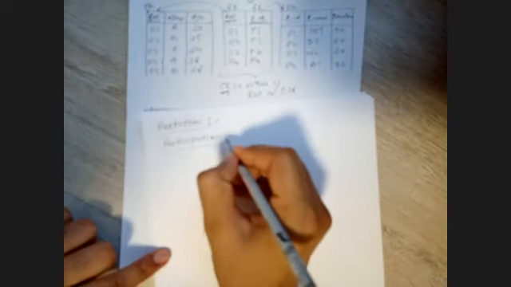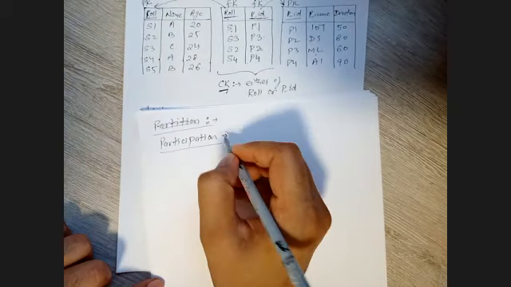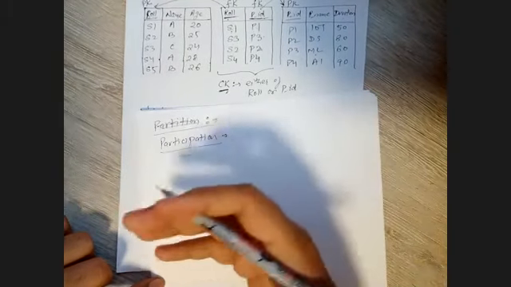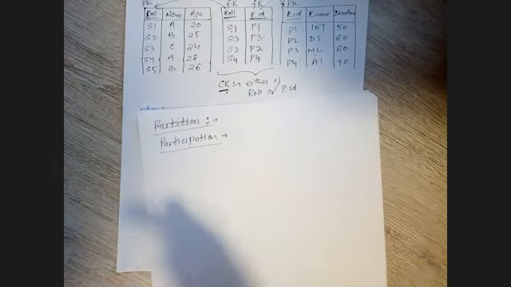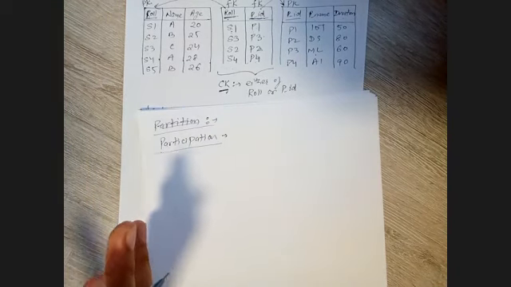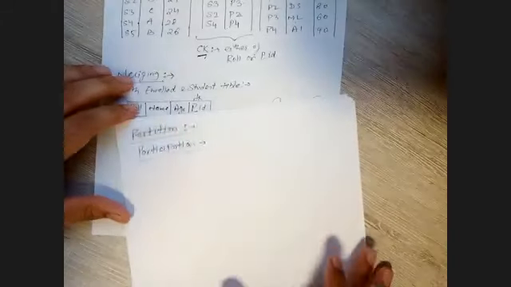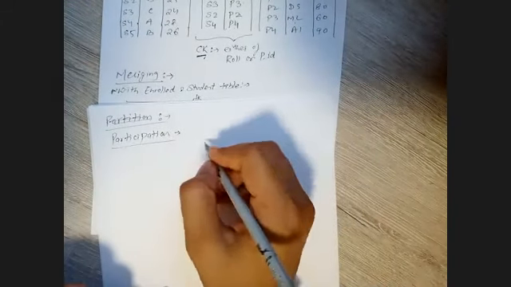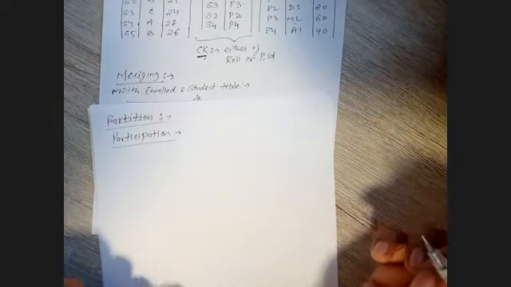Basically, in database we have several participation constraints. Before that, let's try to understand: so far we have seen the types of relation, that is one to one, one to many, many to one, and many to many. But there is a problem.